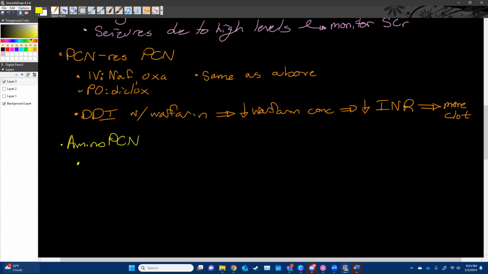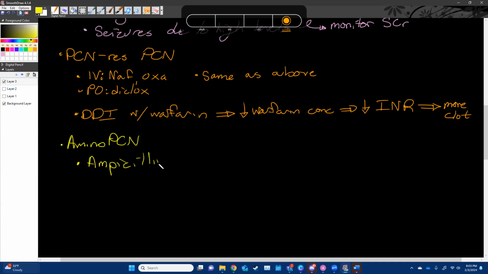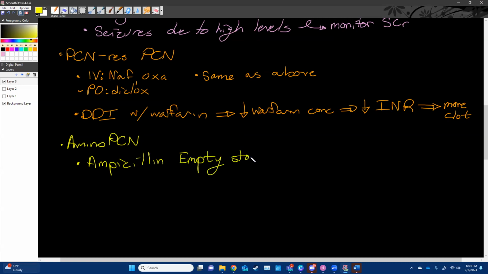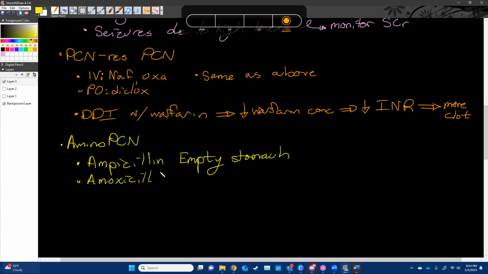I would say the biggest thing to note about them is that ampicillin is taken on an empty stomach, whereas amoxicillin is taken with food.